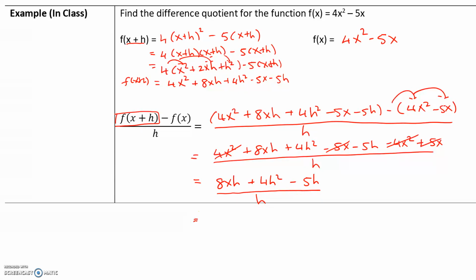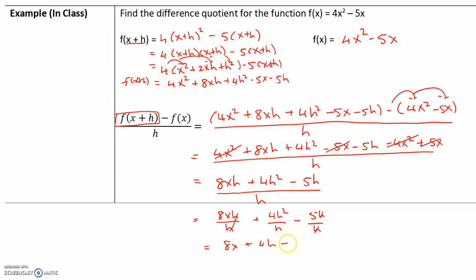So if you recall, when you divide a numerator by a monomial, which is one term, we can separate these into 3 different fractions, 8xh over h plus 4h squared over h minus 5h over h. And then if I simplify these, I get 8x. 4h squared divided by h is going to be 4h.